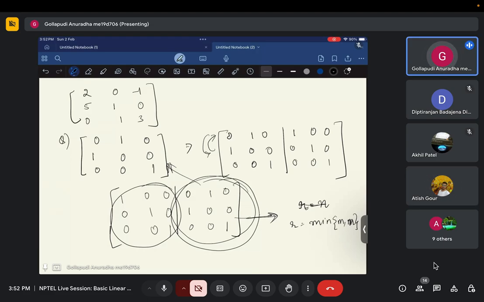It should not have any zero rows. Each column should have a pivot if it is a square matrix.